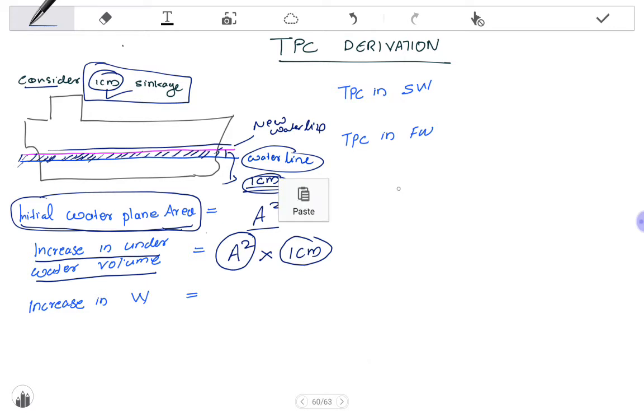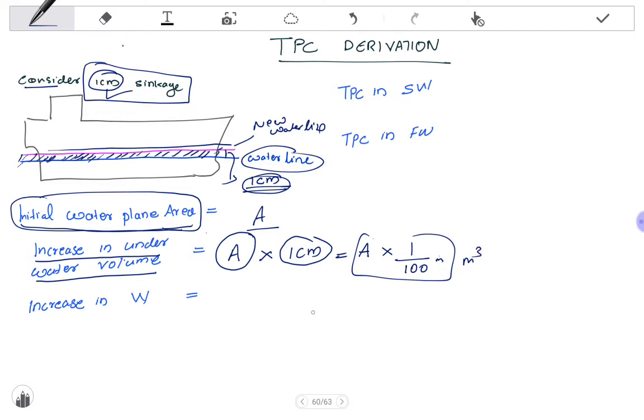Let's just call the area A, for calculation purposes. Area into 1 centimeter we can write as A into 1 by 100 meters, so this total will be in metric cube.